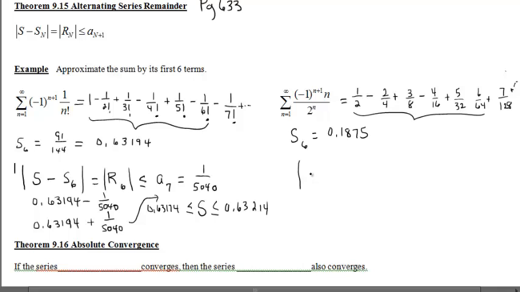So the sum of the series S minus the 6th partial sum is equal to the remainder, and that's going to be less than or equal to the 7th term, which is equal to 7 over 128, or 0.05469.